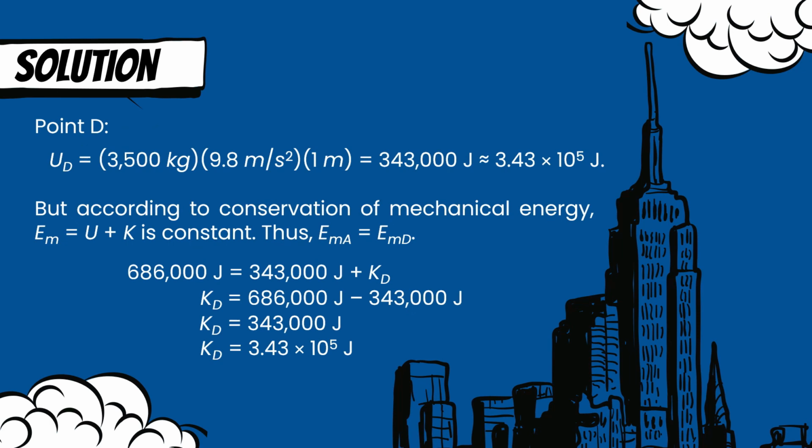For point D, we have U sub D is equal to 3,500 kilograms times 9.8 meters per second squared times 10 meters, which is equal to 343,000 joules, or approximately 3.43 times 10 raised to 5 joules.